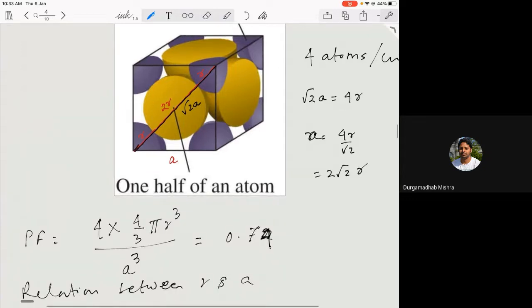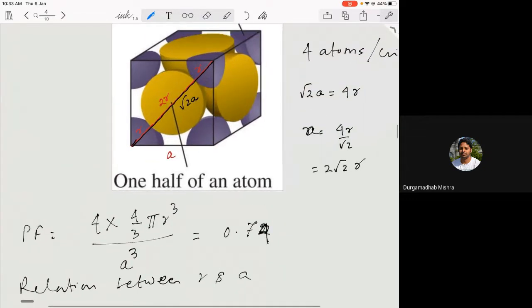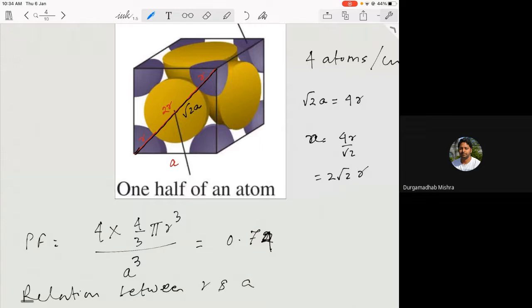So this is how the packing fraction works. Out of all the lattices that you see in nature, FCC has the highest packing fraction, 74%. Similarly, the hexagonal one also has the highest packing fraction, 74% as well.